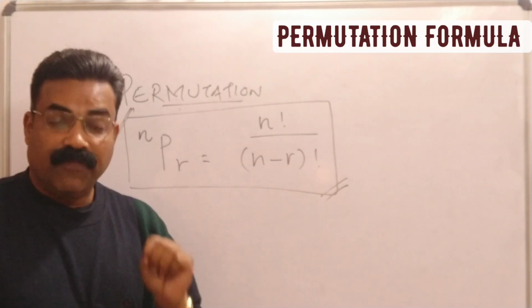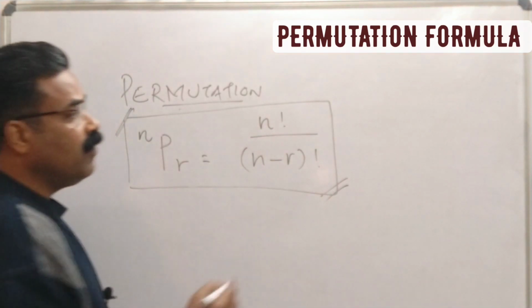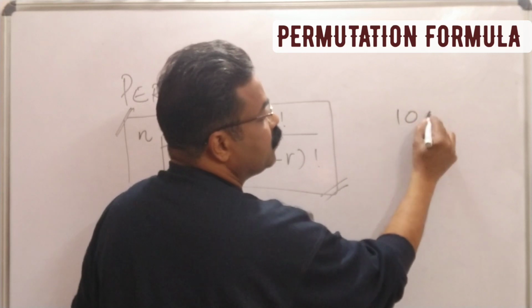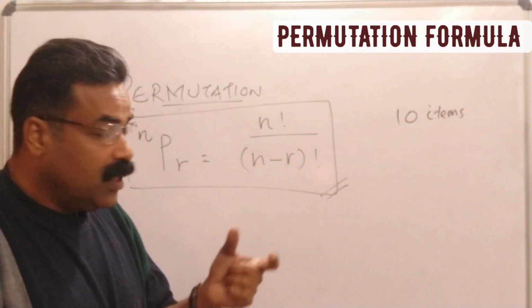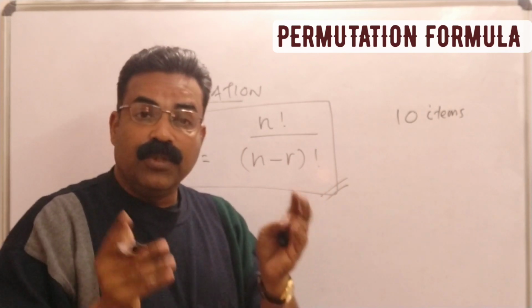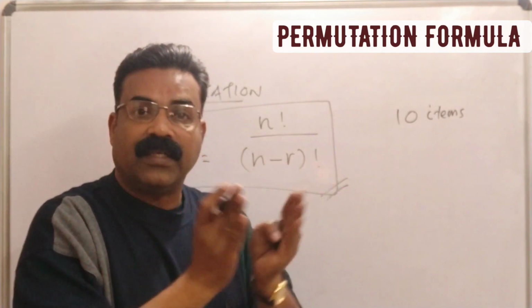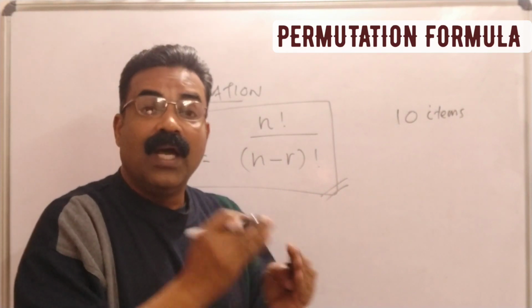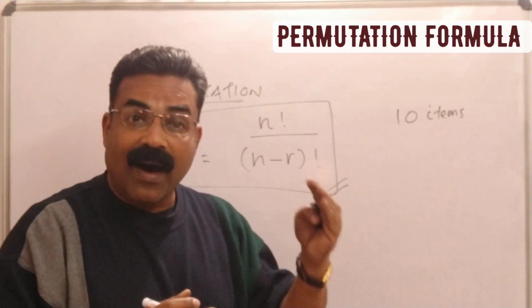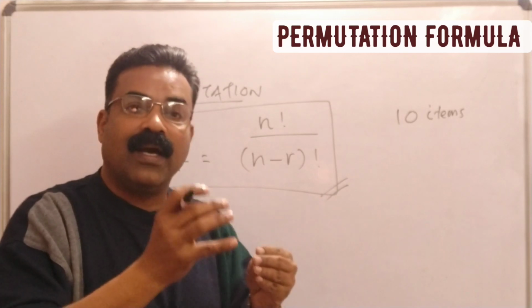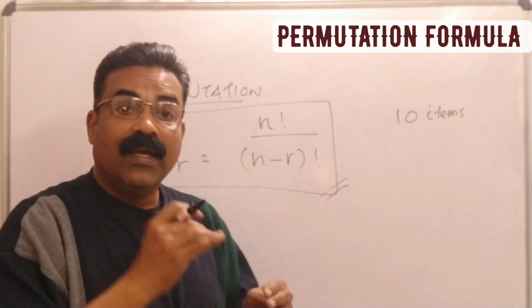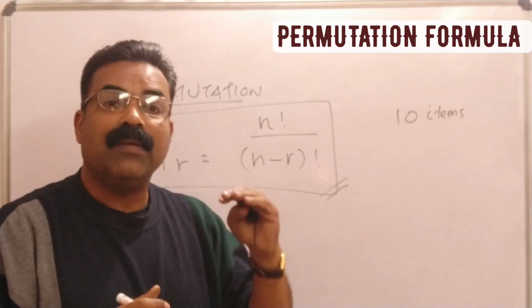For example, you have 10 items, and out of the 10 items, you have to take 3 at a time, and you have to find out how many different ways you can arrange these. Out of 10 items, you have to make a group of 3. In how many different ways can you make it?